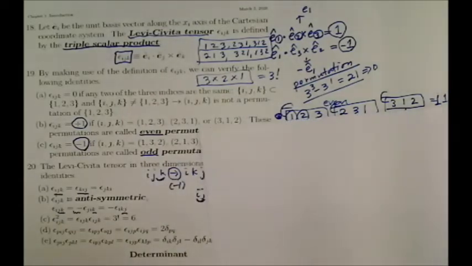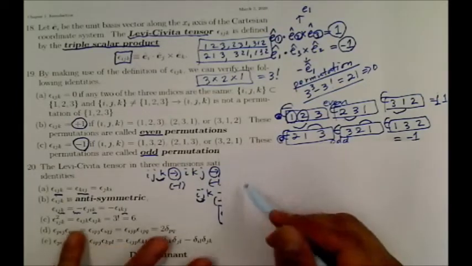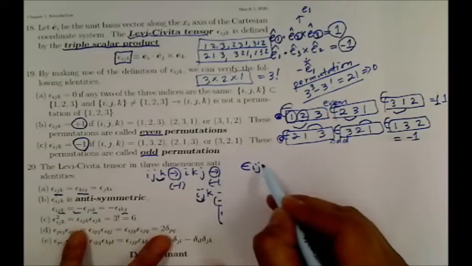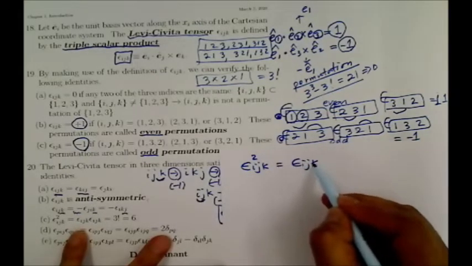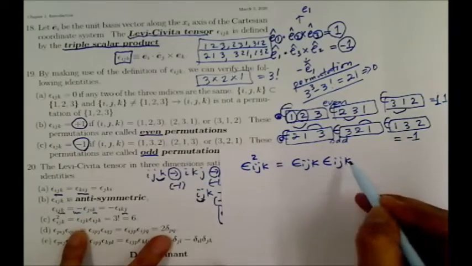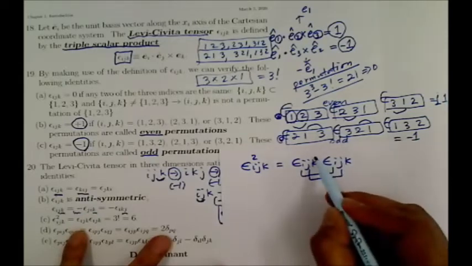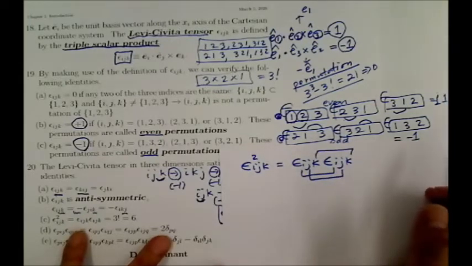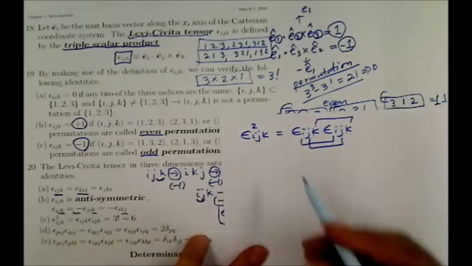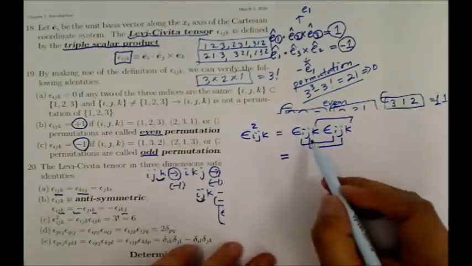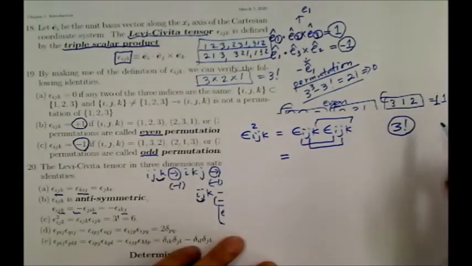There are some special cases. I have epsilon ijk squared. That means epsilon ijk times epsilon ijk. Here i is repeated, j is repeated, and k is repeated. All 3 indices are repeated. We remember the non-vanishing elements of epsilon ijk: there are 3 factorial cases.